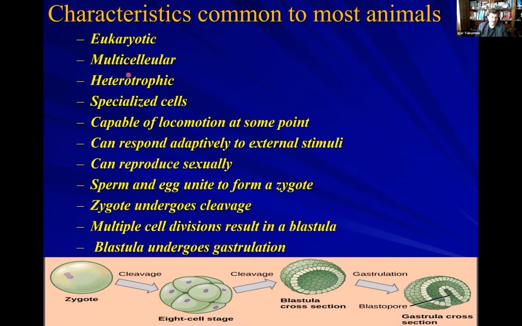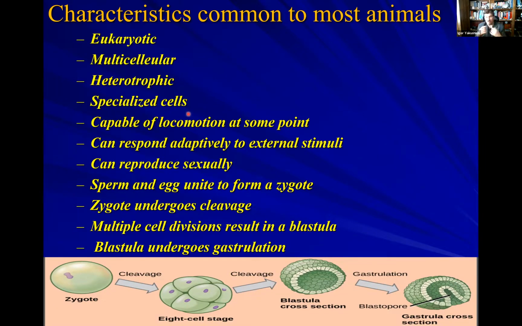Now, remember we talked about specialized cells, cells which will perform a very specific function. Muscle cell versus nerve cell. Very different looking cells, very different functions, yet they have exactly the same DNA.